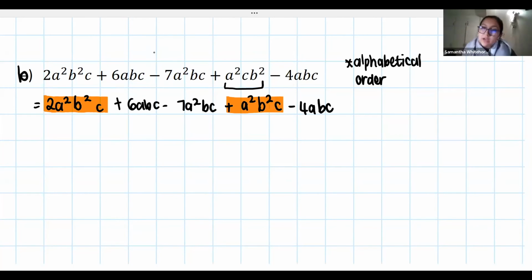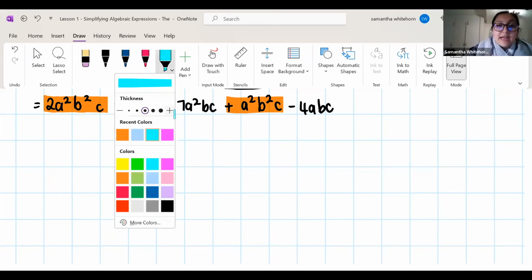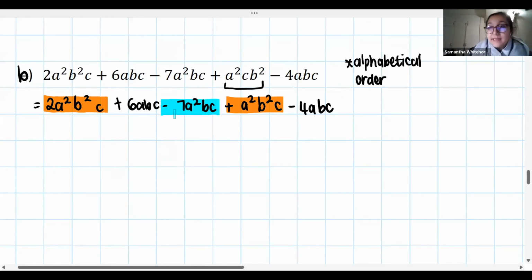So once they're in alphabetical order, it helps us identify our like terms so much easier. They are like terms because the A, B, and C all have the same exponent. That therefore means that the 7A squared BC is a completely separate term because only A is squared. It's not the same as the others.